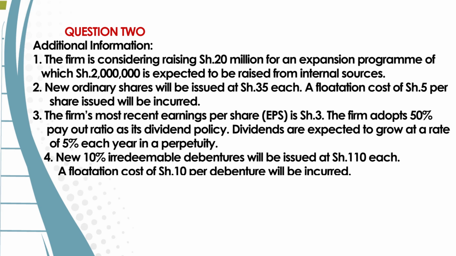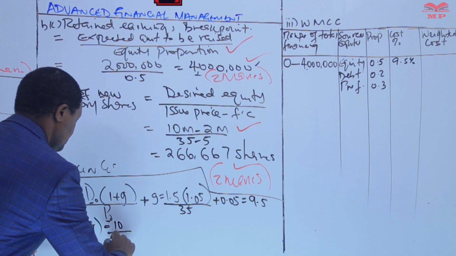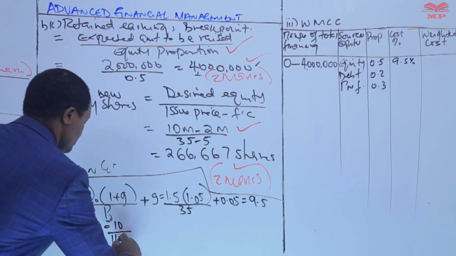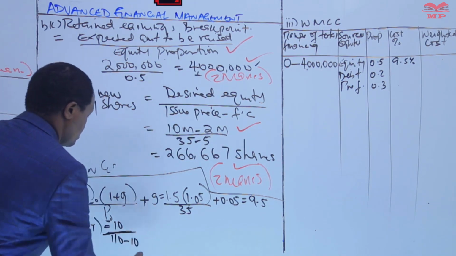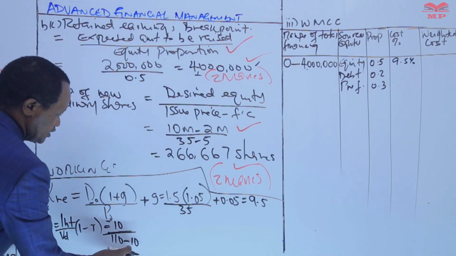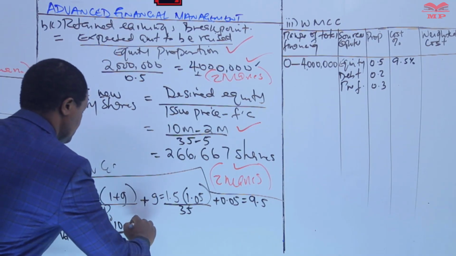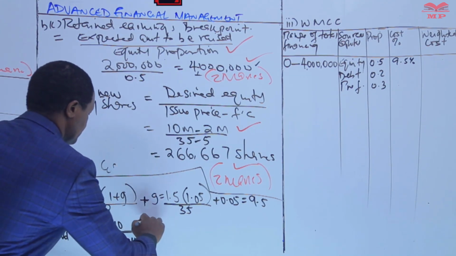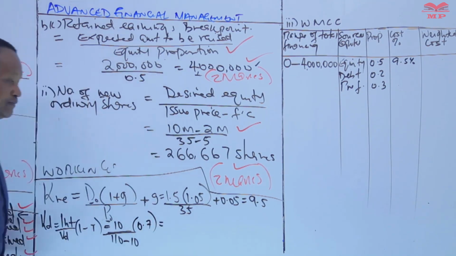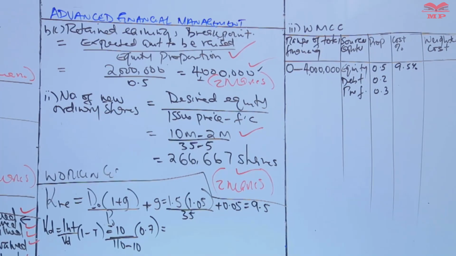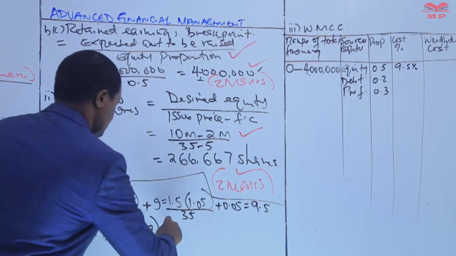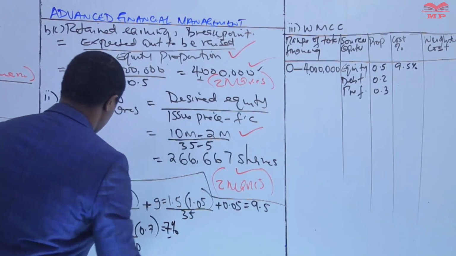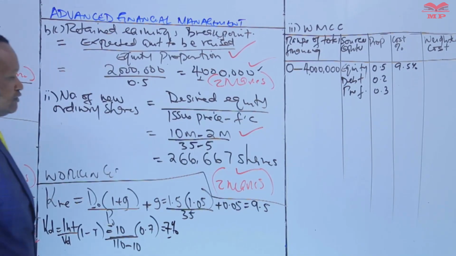So the amount is 110, but we need to deduct the flotation cost because it is being issued, times (1 minus tax). This is 0.7. So the cost of debt is 7%.